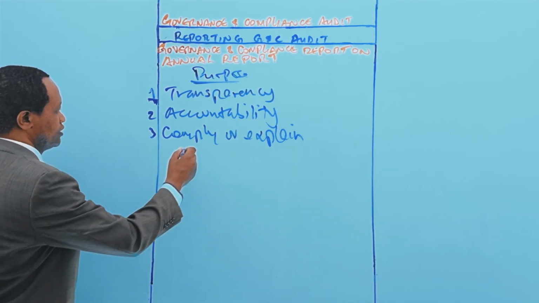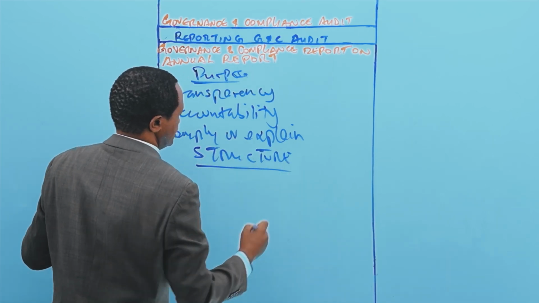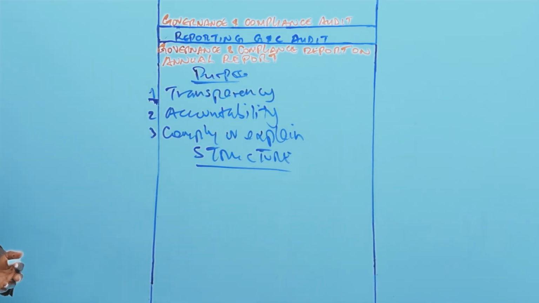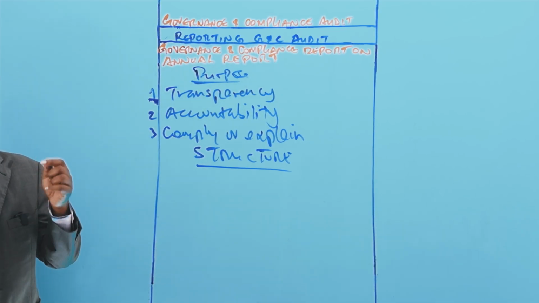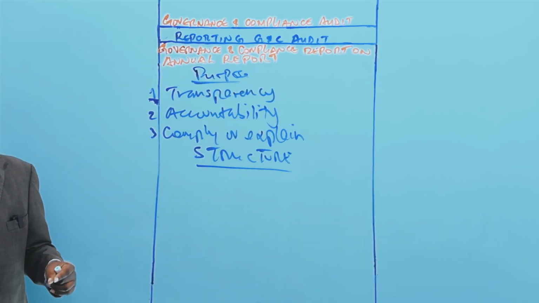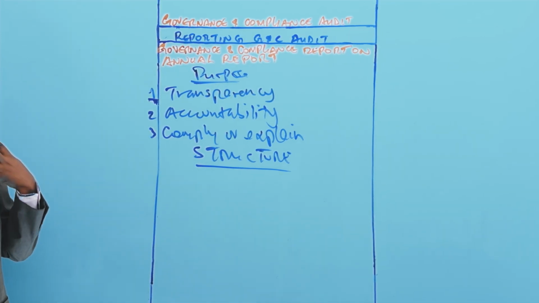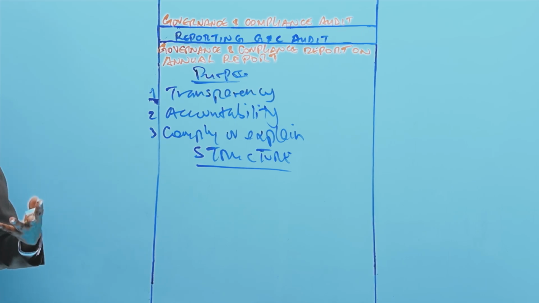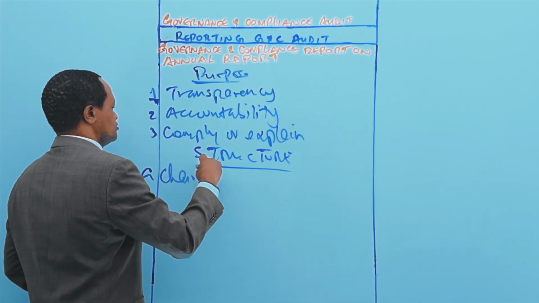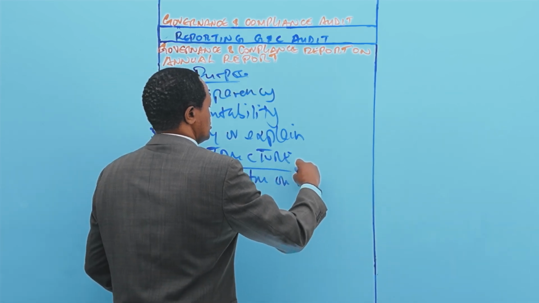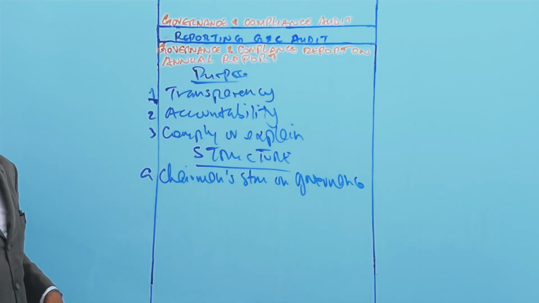So what is the structure of this report? By structure, we are studying what is included in this report. A standard governance and compliance section within an annual report typically includes the chairman's statement on governance.